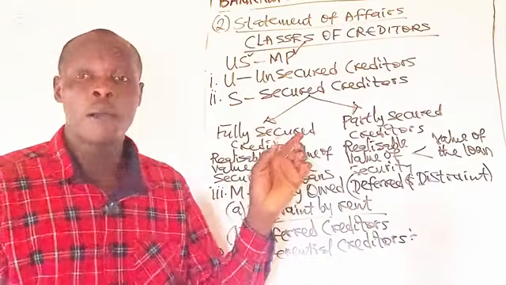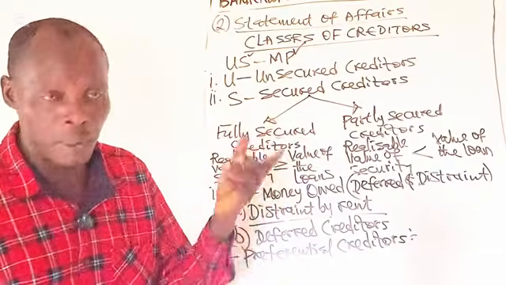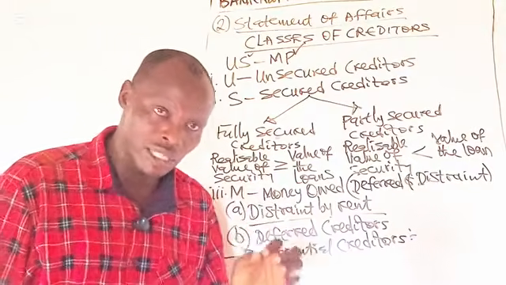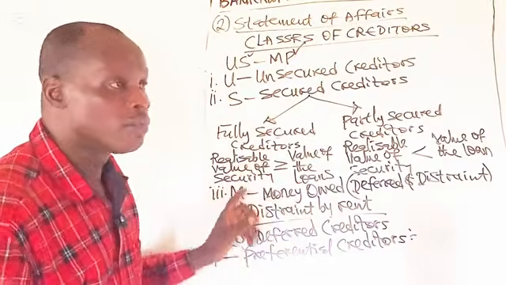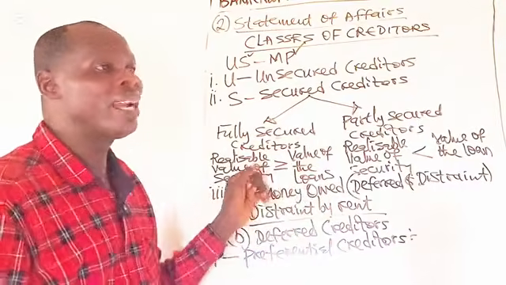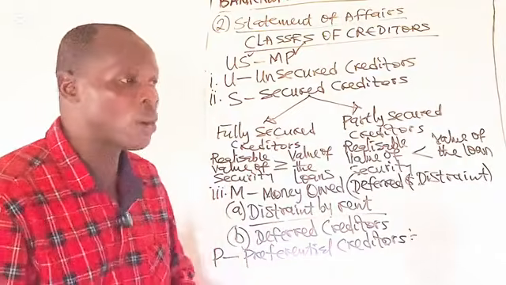Examples of preferential creditors are wages or salaries of employees 4 months to the date of the receiving order. Then unpaid government taxes, it's another example.